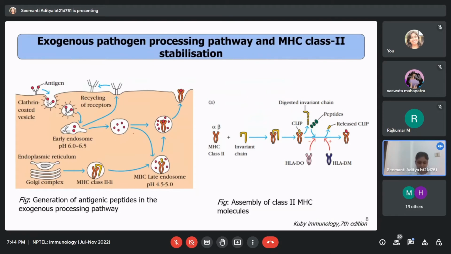Now, the next pathway that we can talk about is the exogenous pathogen processing pathway, which is mediated by the MHC class 2 molecules.